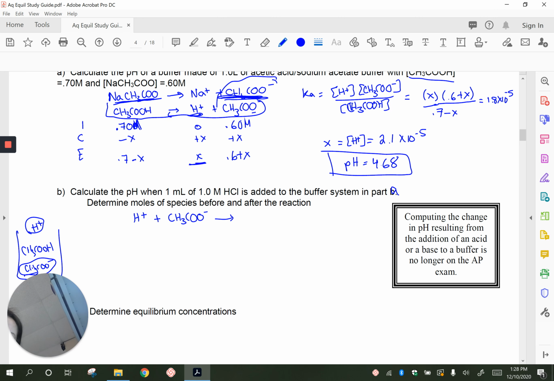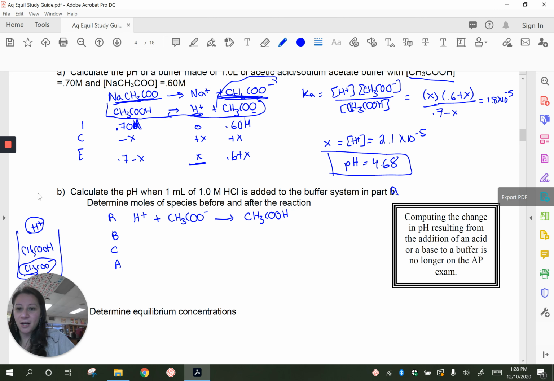The product is going to be CH3COOH. Okay, and what we're going to do is a BCA table. Sometimes they call it an RBCA table, reaction, before, change, and after. It's a little bit different from an ICE chart. So this is an ICE chart, sometimes called a RICE chart: reaction, initial, change, equilibrium.